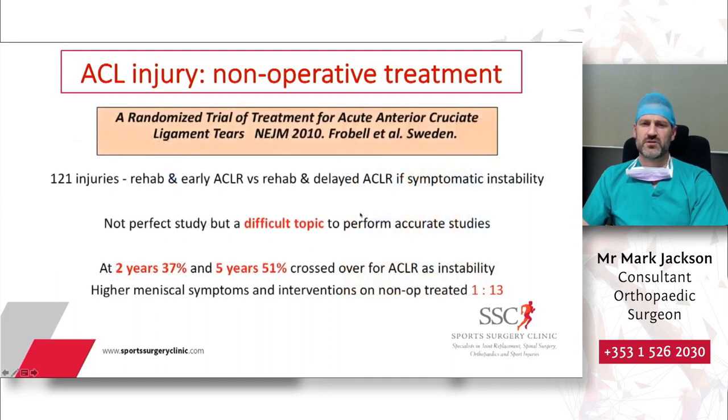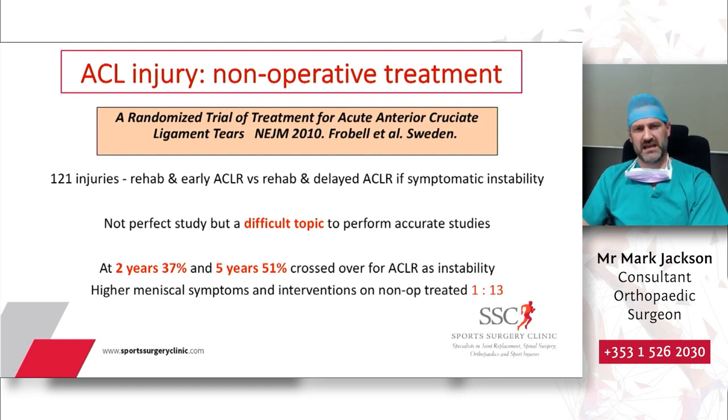If you do go down the route though of non-operative treatment, some studies have been done on this and demonstrate that at 5 years, even with rehabilitation, at least half of the individuals have elected to cross over and get their ACL reconstructed. But these are very difficult studies to do because it's very difficult to get a set of 1,000 young sporty people who've torn their ACL and split them in two according to who's going to get their cruciate ligament operated on and who doesn't.